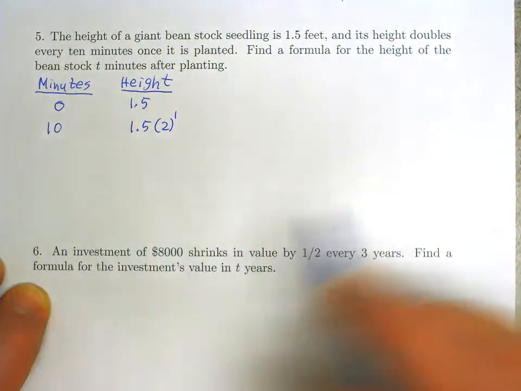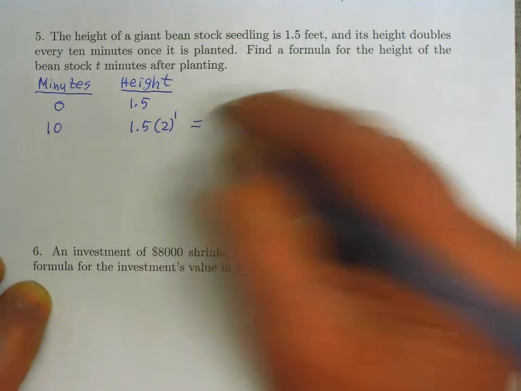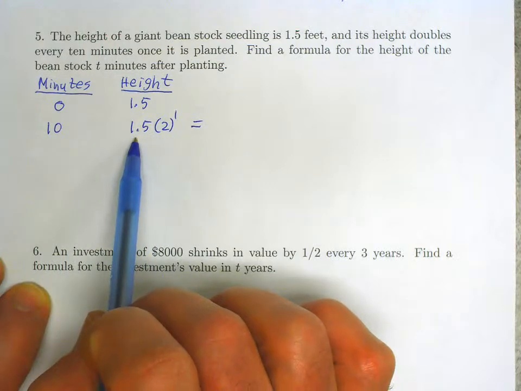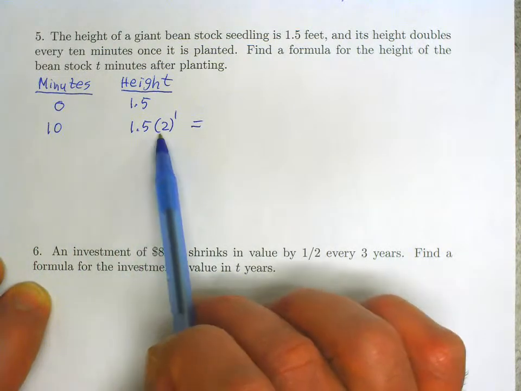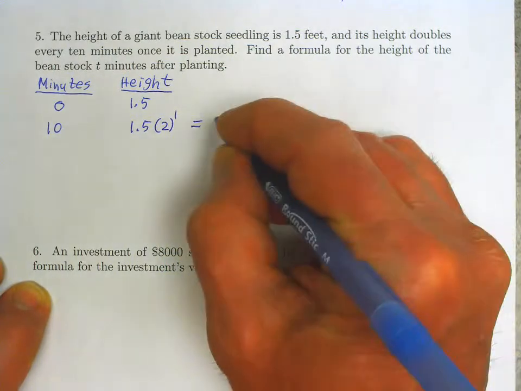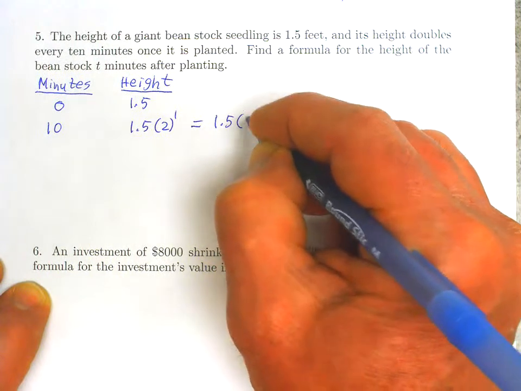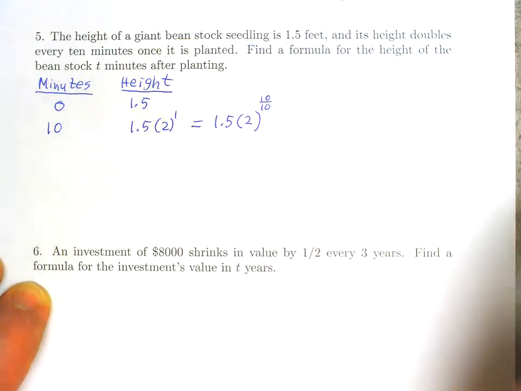We've done this a couple of times, so let's just cut to the chase. The height after 10 minutes is 1.5 times 2 to the first. But we can think of that as 1.5 times 2 to the 10 divided by 10.